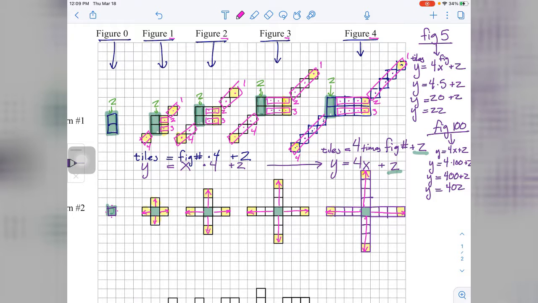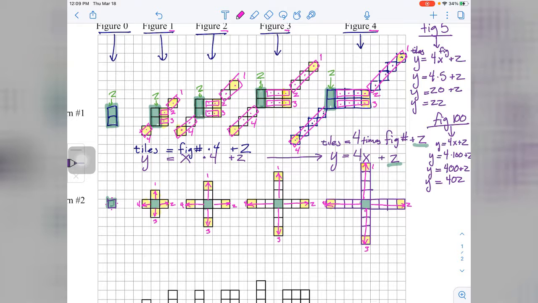So again, how many figure numbers do I see? Well, I see 1, 2, 3, 4. There are 4 figure numbers in each pattern. So 4 times the figure number, but that's not all the tiles.